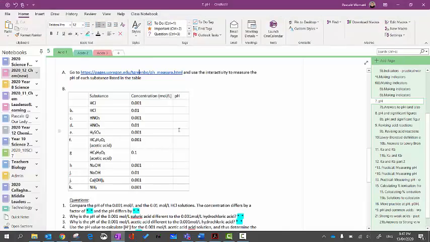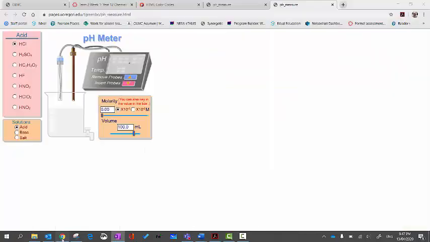Okay, so if you look at the first row of the table, what you've been asked to do is to work out the pH of a 0.001 moles per liter solution of HCl. Now, what's a little bit tricky about this interactivity is that they've asked you to enter the concentration as something times 10 to the power of minus 3 or something times 10 to the power of minus 2.